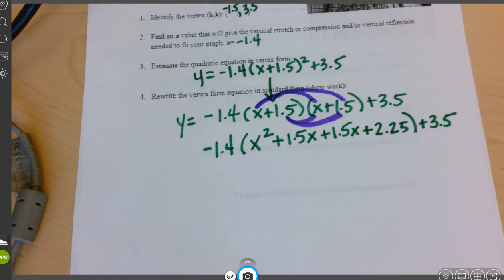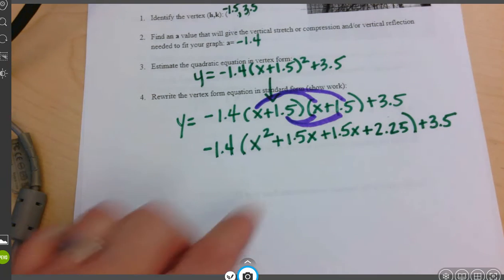Please make sure you're getting this down. Next, we have to combine like terms inside the parentheses. What are the like terms? Yeah, so we have 1.5x and another 1.5x. Those are the like terms. Do you have a pencil, Tell? They're on the bottom shelf here. Grab one.